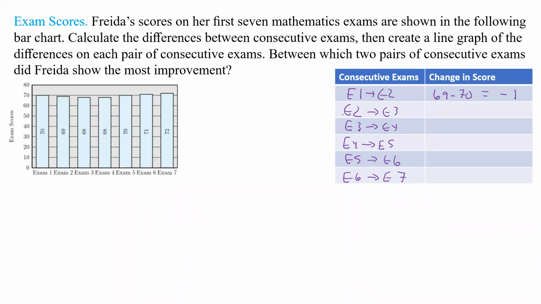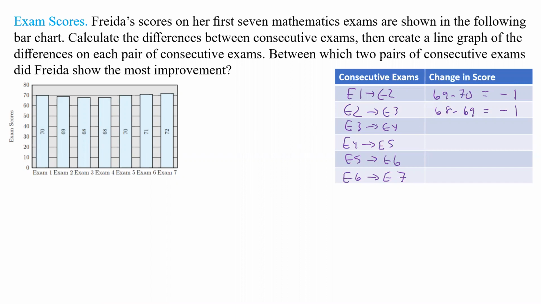Now what about from 3 to 2? Well, 3 is 68, so 68 minus 69. That's again a negative 1. We take the larger one, 69, minus the smaller one, 68, and we get 1, but the larger one was first, so we get negative 1.